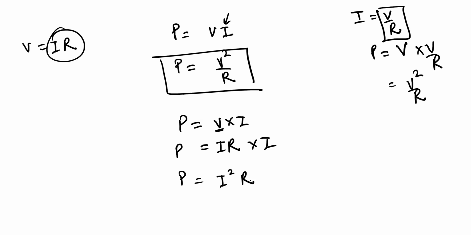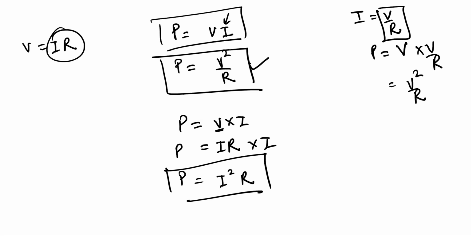Now, these are the three formulas. First is this one, the second is this one, and the third one is this one. Similarly, if I multiply it by time, power into time is equal to work done.